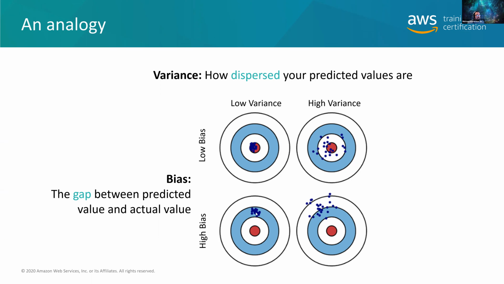If I'm training someone to shoot, I actually like to see the high bias, low variance, the one on the lower left-hand side, because it means that their process to shoot is super consistent. The way they get there yields the same precise results. The problem is that their accuracy is off, right? And so at that point, it's just a matter of trying to correct accuracy, because their process to get there is very consistent.